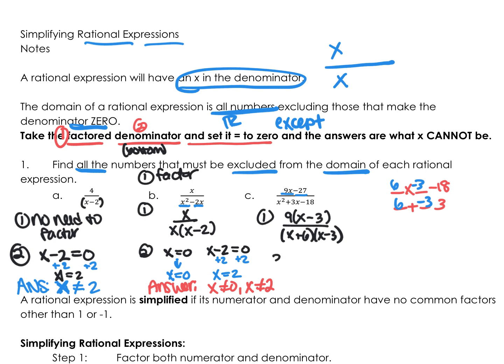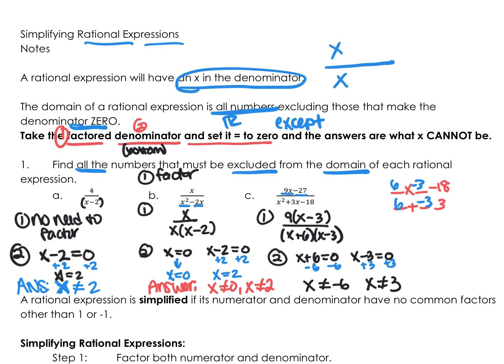So then step 2 is to set only the bottom, only the denominator, equal to 0, not the top. So just x plus 6 equal to 0 and x minus 3 equal to 0. We'll subtract 6 here, and we'll get x cannot be negative 6, and then we'll add 3 here, and we'll get that x cannot be 3.